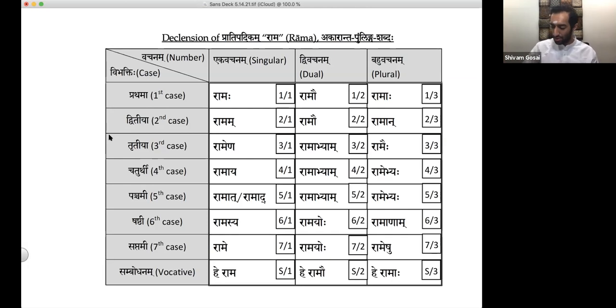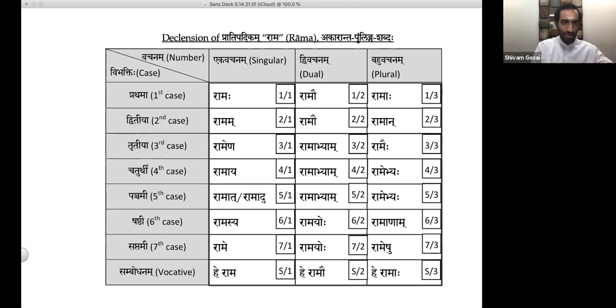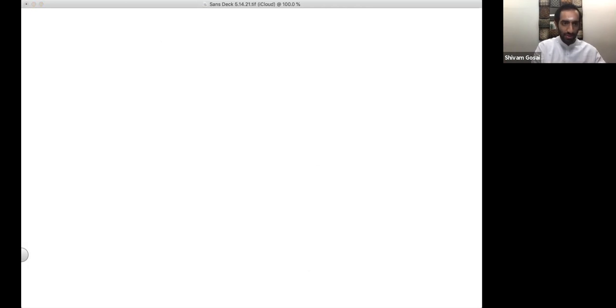Now, here it says, in 7-1, the last letter akara and the suffix e become e by guna sandhi. So that's a lot of words. Let me give you another way. Let me write this. So in 7-1, the suffix is e.